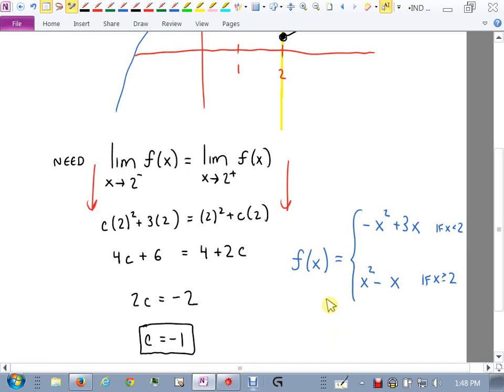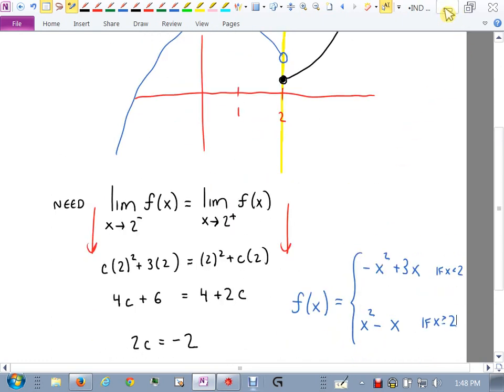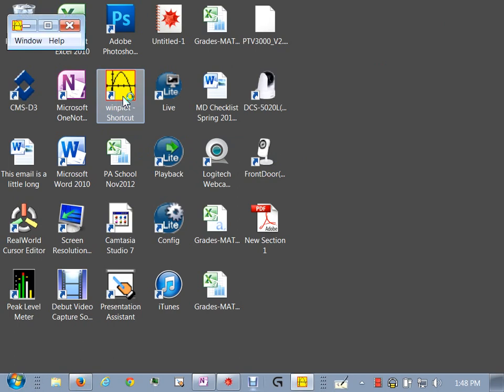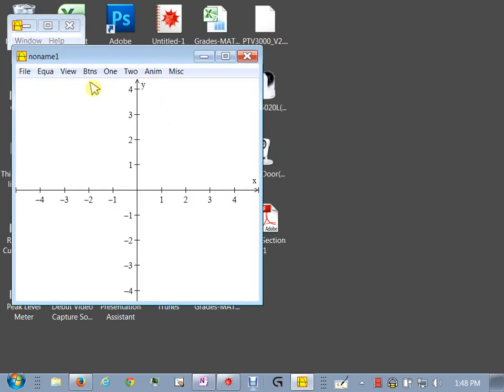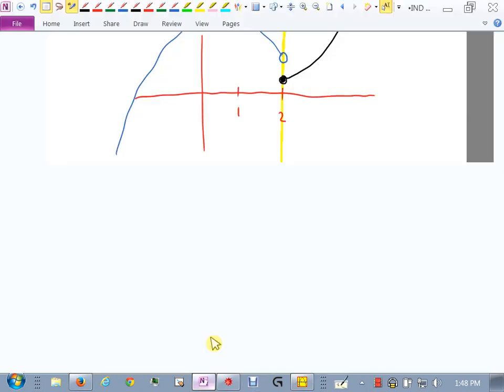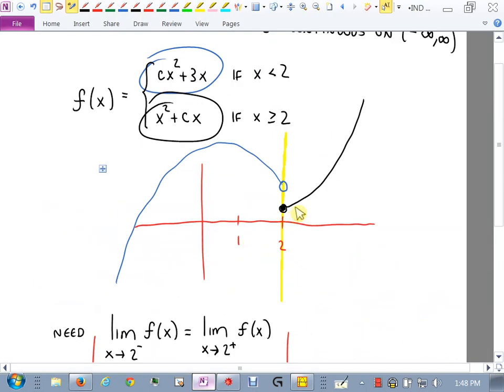How do I know if I got it right? Well, I could check the limit, but how about this? Let me go to that good old-fashioned graphing program I had shown you. This should open up. I didn't know if it did, because I didn't know what c was going to be. If c would have turned out positive, it would have opened up.